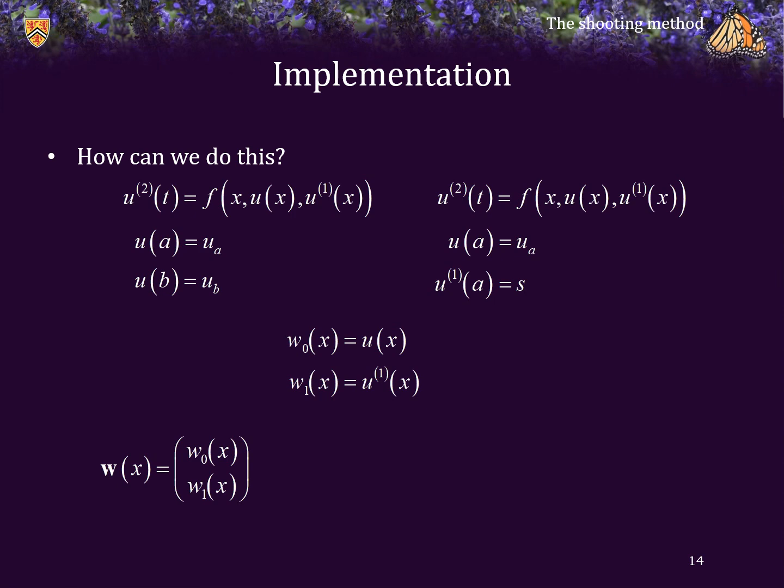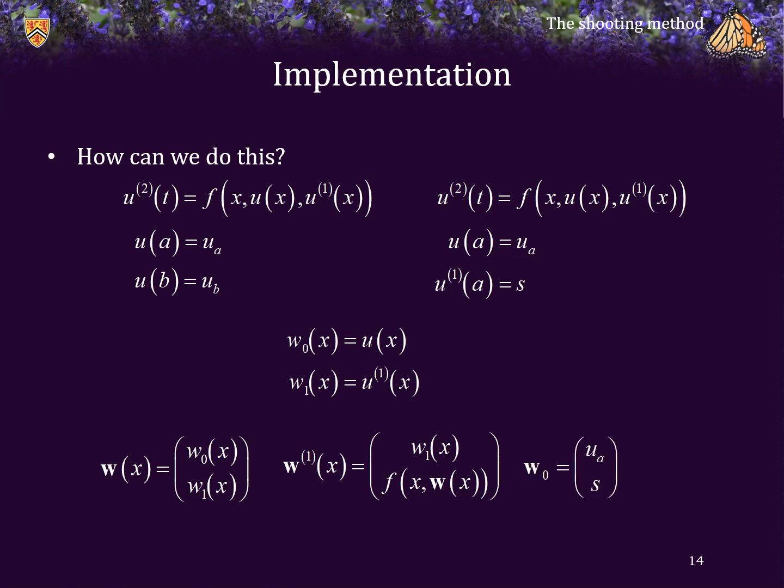We can now define a vector-valued function of the variable x, and we can differentiate it. And differentiating it, we get that the derivative of w0 is w1, and the derivative of w1 is the right-hand side of the ordinary differential equation evaluated at x and the vector-valued function w of x.